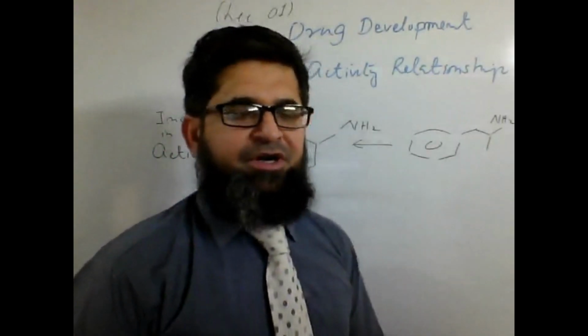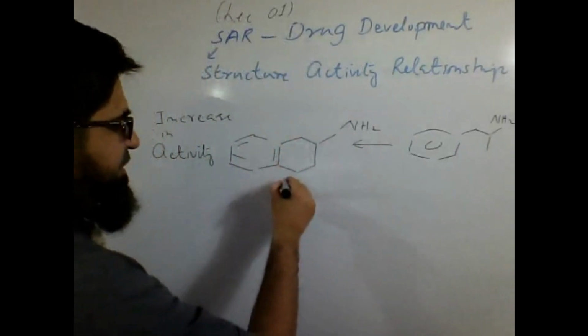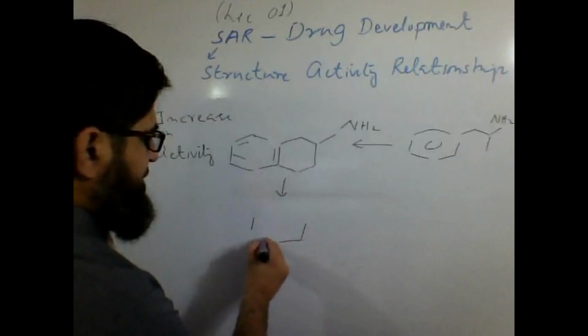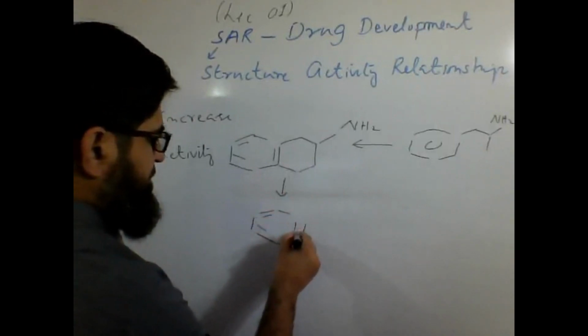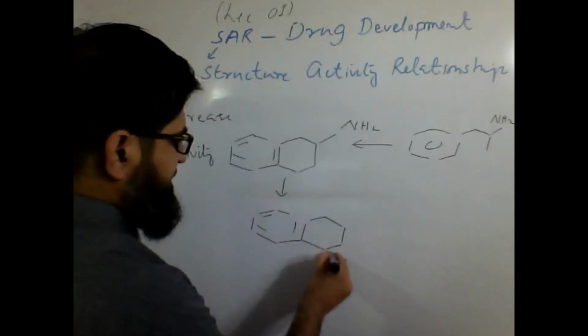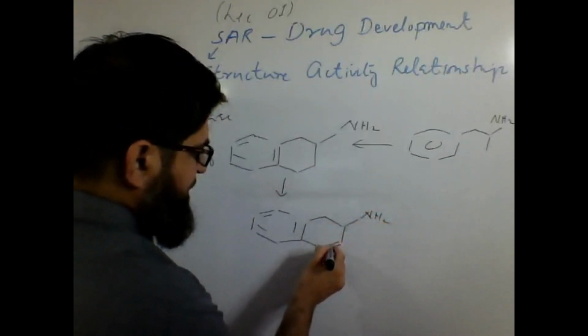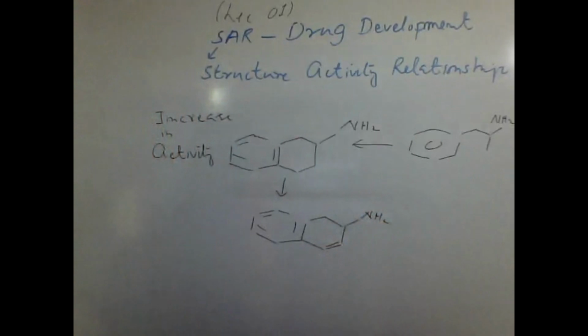Then somebody again came up and used this body again. Okay, what he did, they keep the cycle, but they introduce unsaturation over here. One double bond was introduced in the ring. A new analog was prepared.